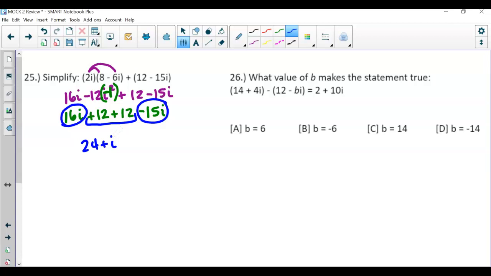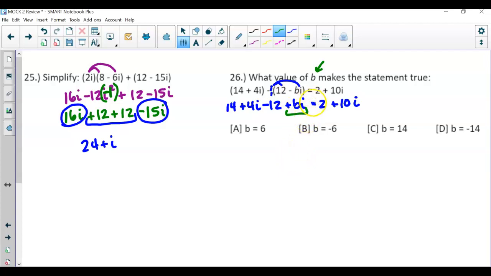Then our last question. Notice how we're looking for the value of b here, but I do notice I'm subtracting. So I'm going to first distribute that negative. Make sure to distribute if you're ever subtracting. So I've got 14 plus 4i, but then minus 12 plus bi, is equal to 2 plus 10i. Now we're looking for the value of b. Well, notice b here is imaginary.